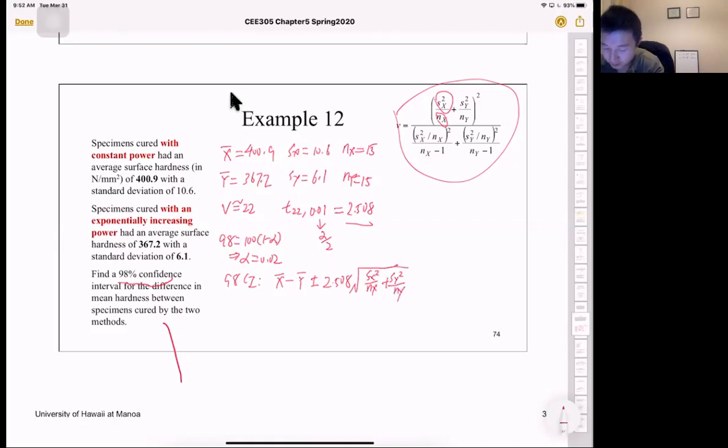So all these values are here. For example, the sample mean for x is 409. So we plug in these numbers, and we can calculate this 98% confidence interval. I will just skip the details. So let's continue.